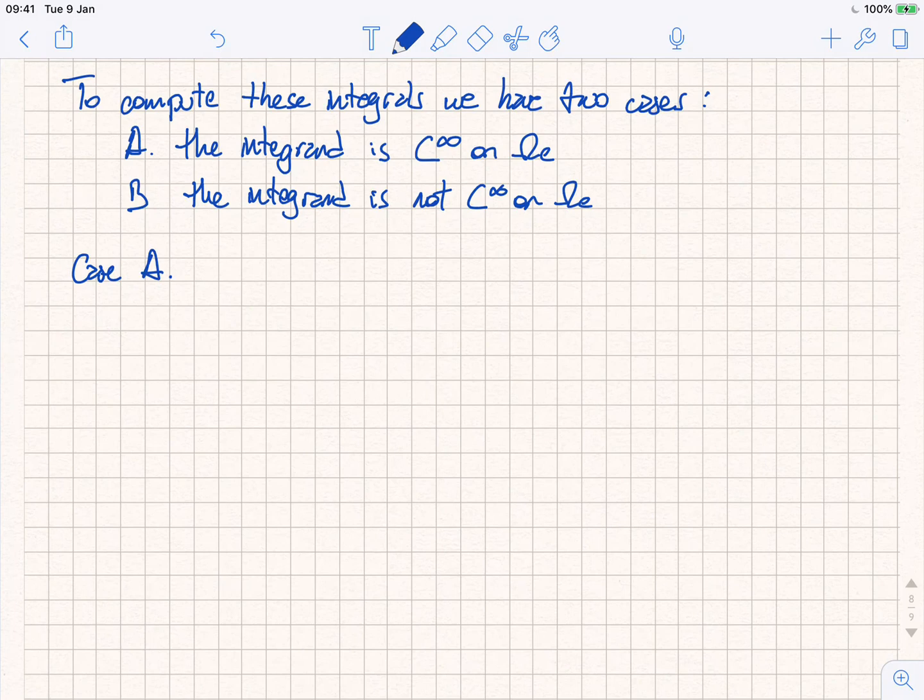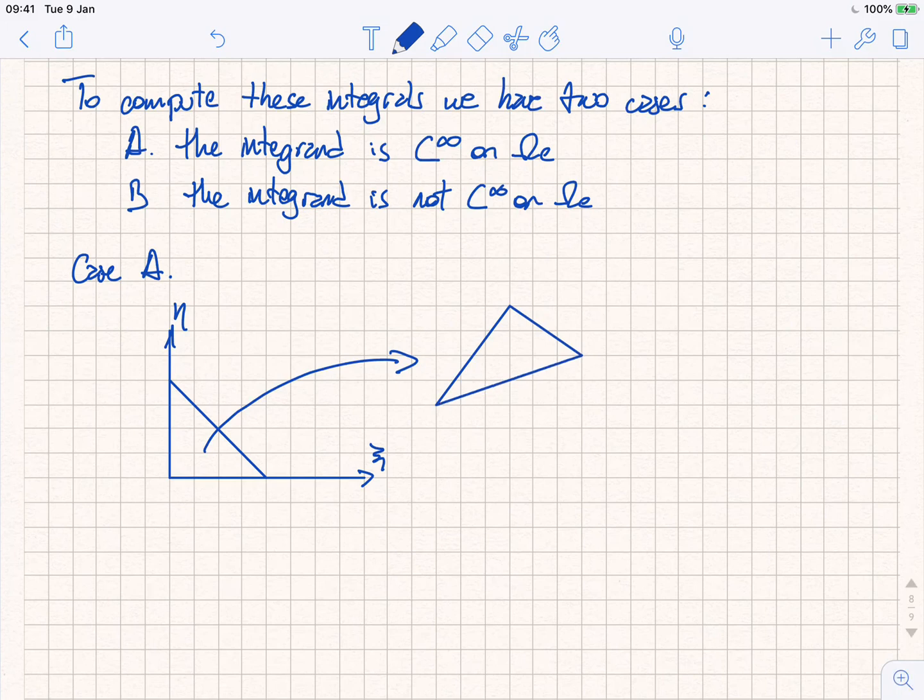So let's draw our parent. Say that's our parent triangle. These are my master coordinates, psi eta, and that is mapping to a triangle in physical space that looks something like this. And then I'm using integration points. Say I'm using 3 integration points.